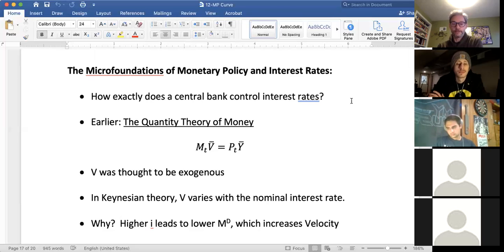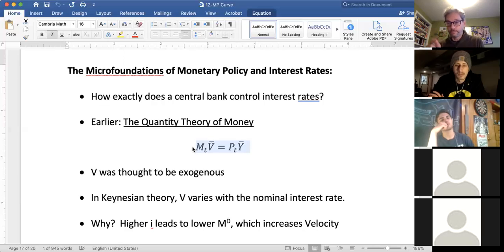And so I do want to spend a couple of minutes just reviewing this from Micro. So how does the central bank control interest rates? Remember on Tuesday, we talked about the quantity theory, right? MV is equal to P times Y. And what did the classical quantity theory assume?